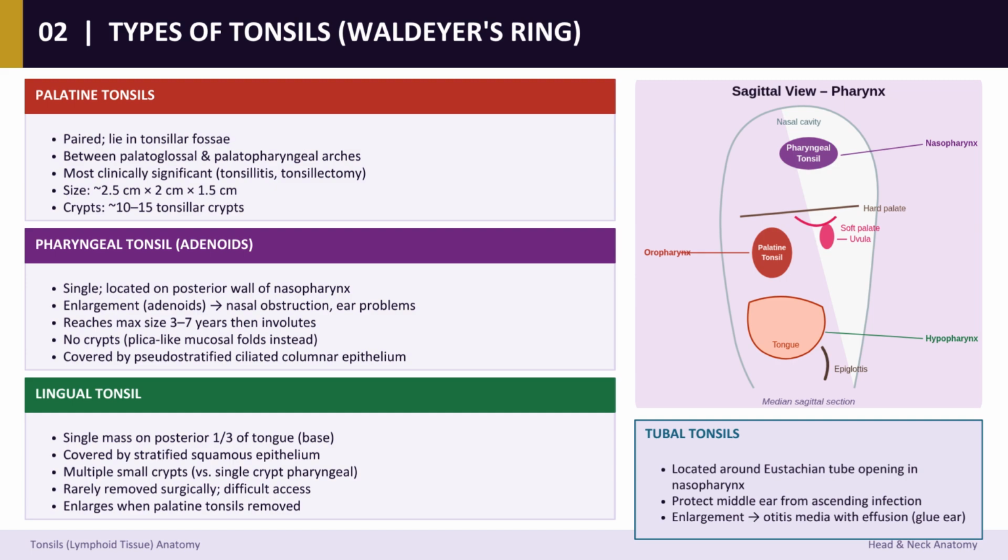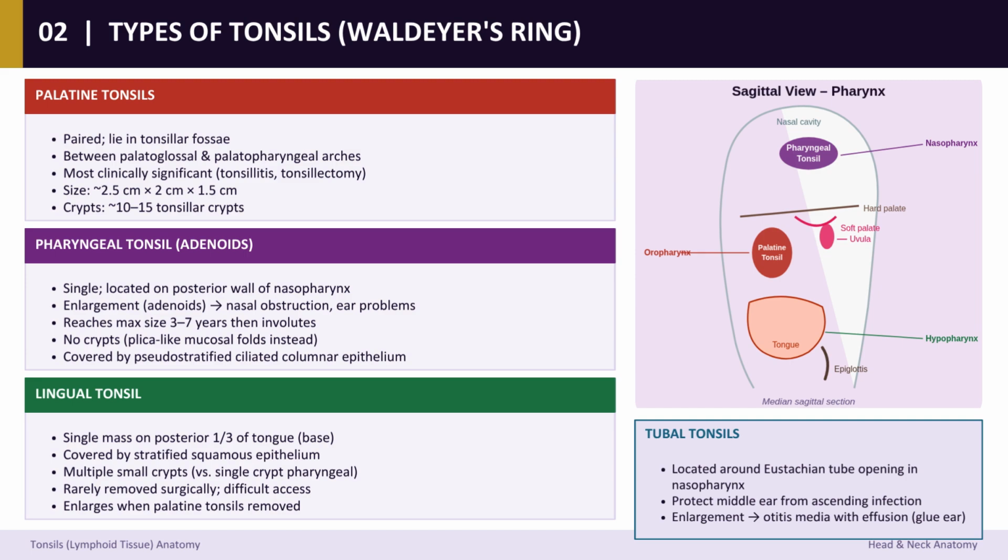When the adenoid is enlarged, it causes nasal obstruction, ear problems, and in future sometimes it can involve the lungs. Reaches maximum size at 3 to 7 years, then involutes. No crypt, plicae, mucosal folds instead, covered by pseudostratified ciliated columnar epithelium.